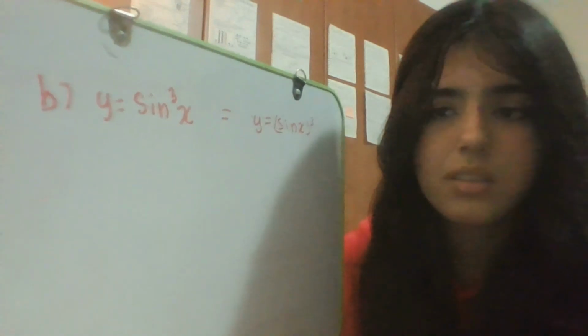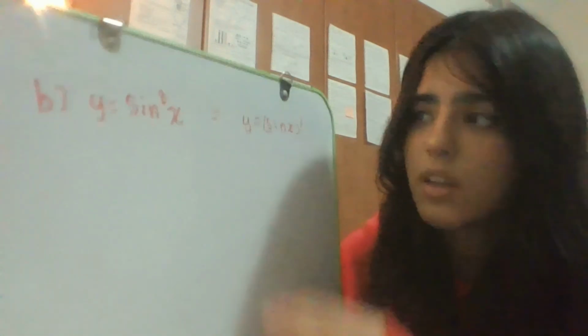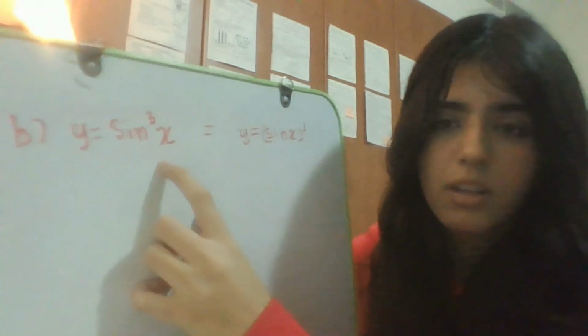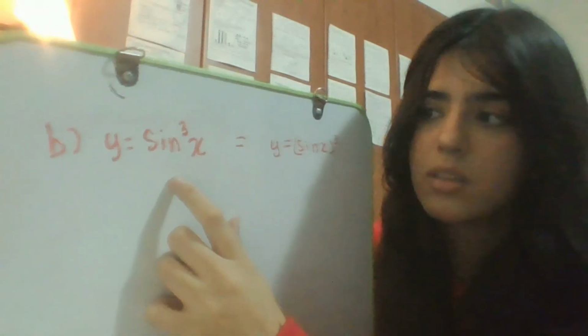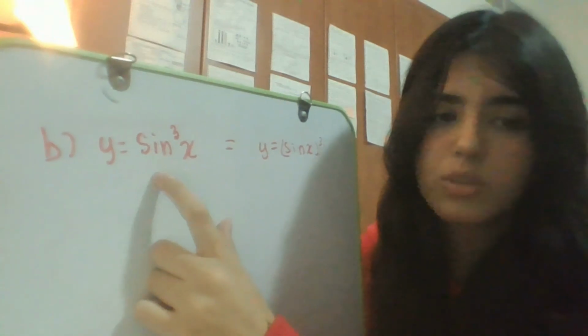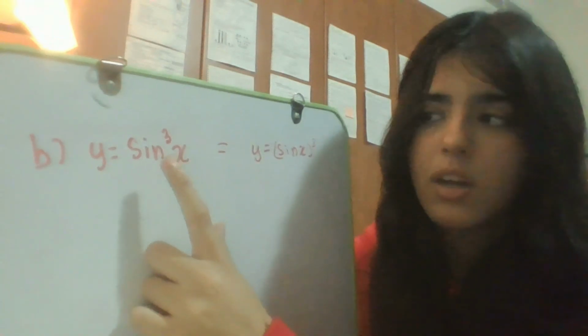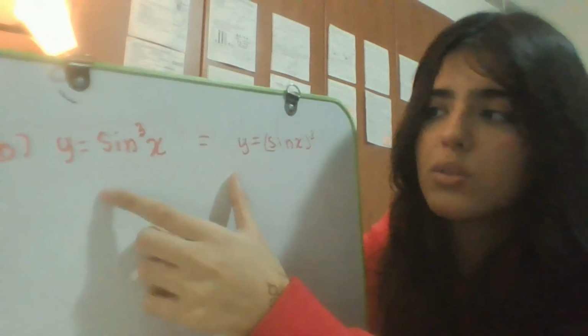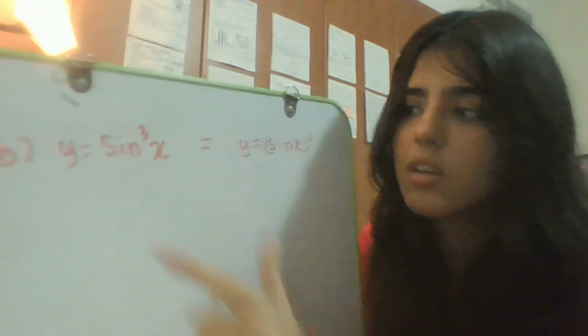Okay, guys, so this is the last example we'll do for today. This is y equals sine cubed x. So whenever you see something like this where the trig function is raised to a power, you can automatically just assume that the whole thing is raised to that power. These two basically just mean the same thing.